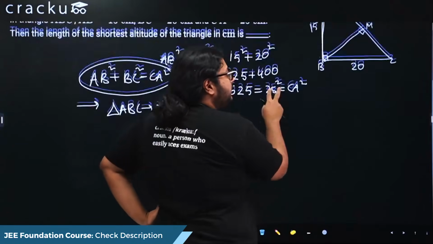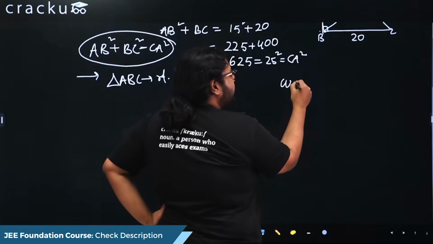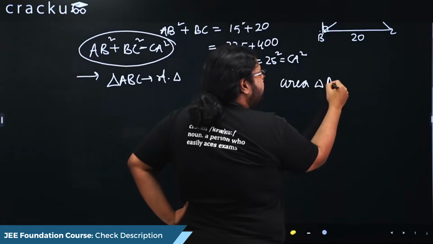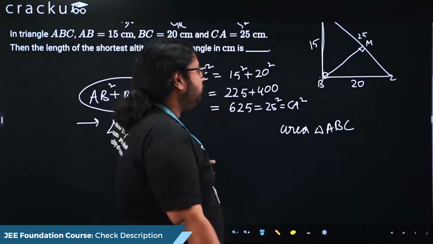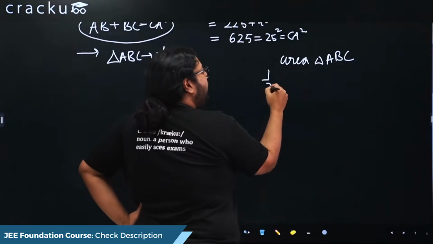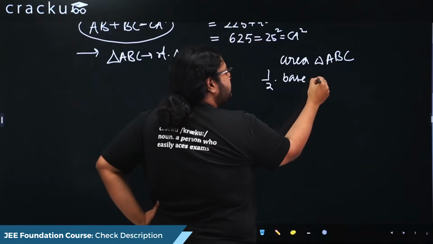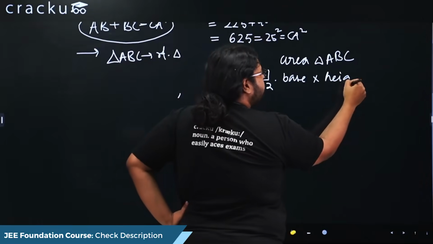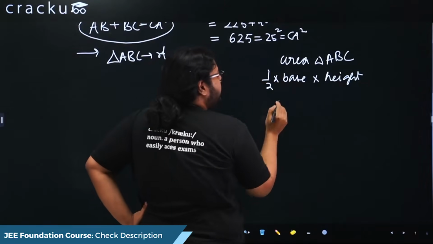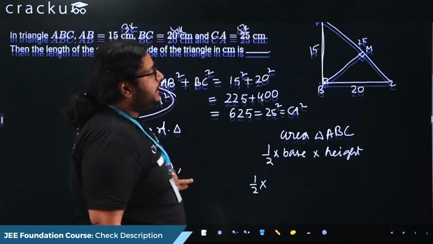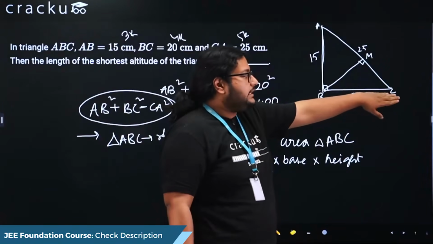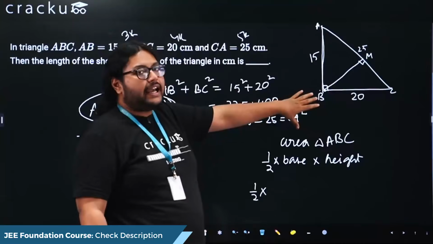What do we know? The area of triangle ABC. What is the formula for area? Formula for area is half base height. Now, if I consider BC to be the base, in that case, AB is the height.